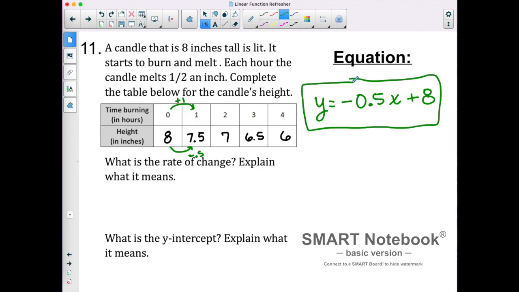We can describe what these things represent. So in this case, if I was writing a written description, the rate of change shows that the candle's height, since that's what the y value is representing, is decreasing at a constant rate. It's decreasing at a constant rate of 1/2 inch per hour.